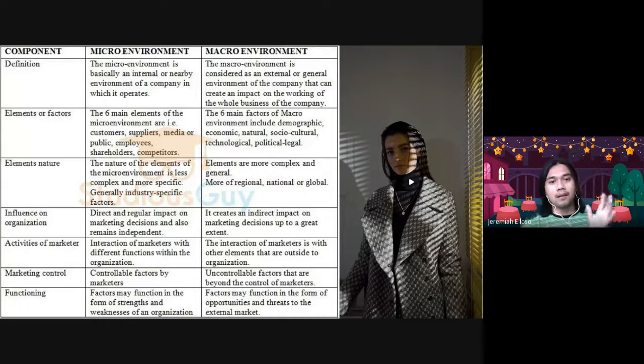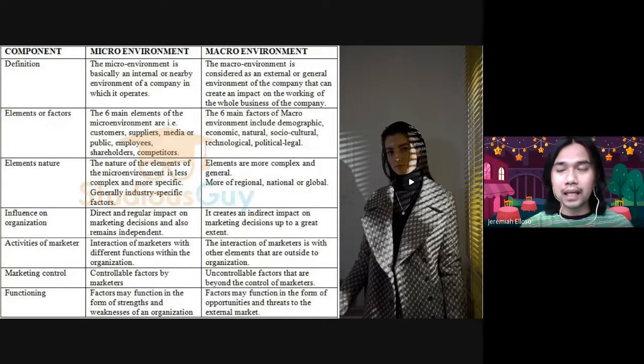And the macro environment, on the other hand, could be summarized as the PESTEL, or the political, economic, socio-cultural, technology, environment, and legal. And in terms of the nature of the elements, a micro environment is less complex, but it's more specific or industry specific.